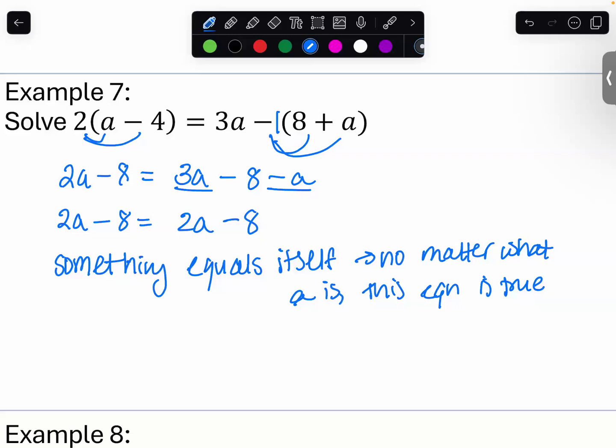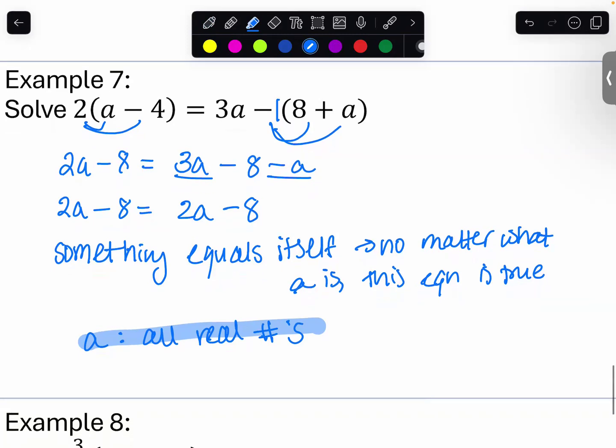This is a case where an equation's solution is all real numbers. And that would technically be what you write as your answer, that a is all real numbers, because you had something equal itself, that's always true, no matter what that variable is.